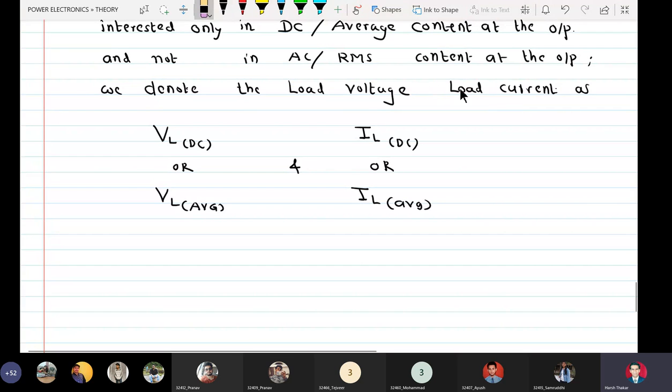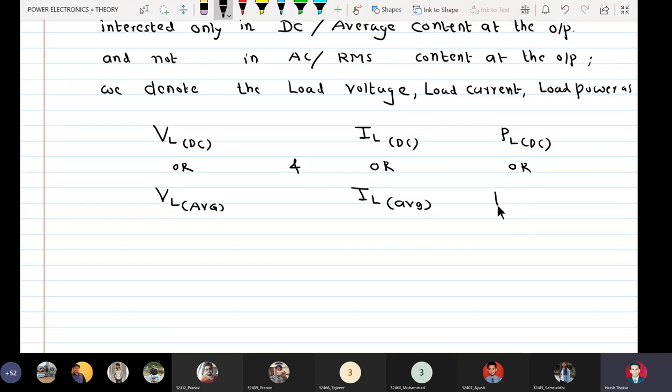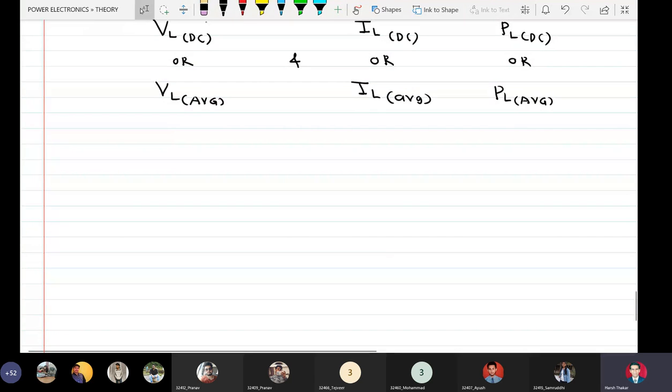Some changes here. Load voltage, load current, load power as PLDC or PLAVG. Okay, it doesn't matter, you can even use lowercase also, not an issue.